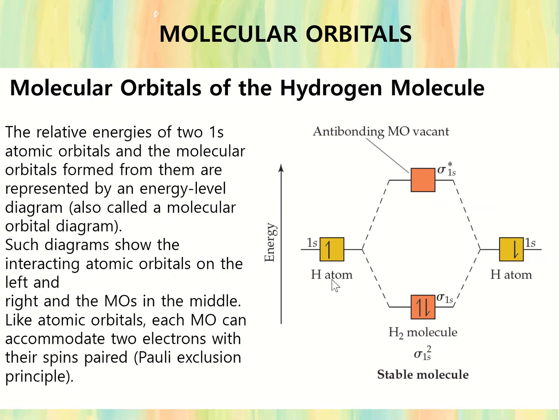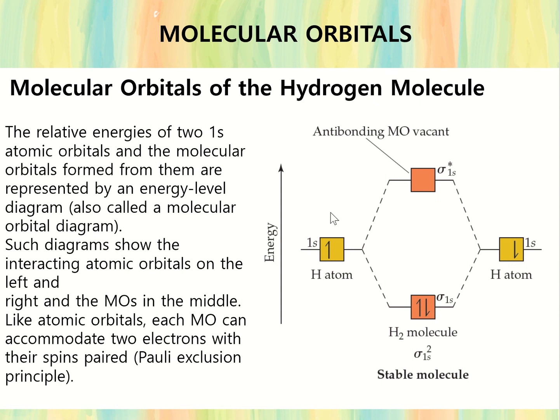All right, so we have the hydrogen atoms to the left and to the right, and we have the molecular orbitals in the middle, right? So this is in the middle. Like atomic orbitals, each molecular orbital can accommodate two electrons with their spins paired, which is synonymous with our Pauli exclusion principle. Right?